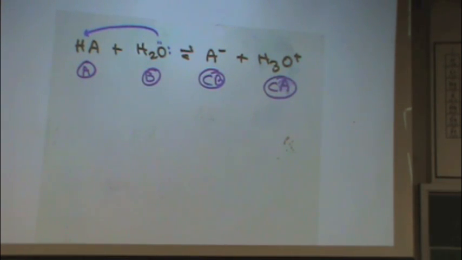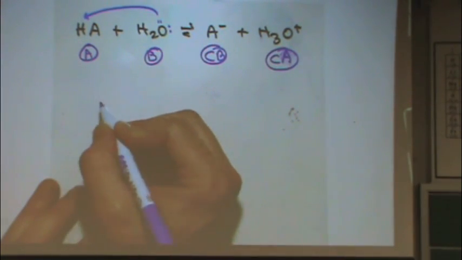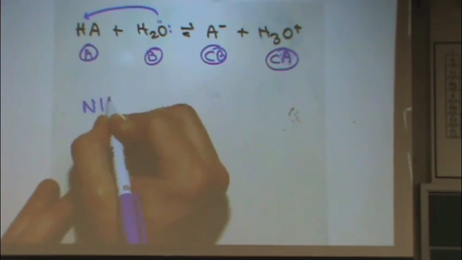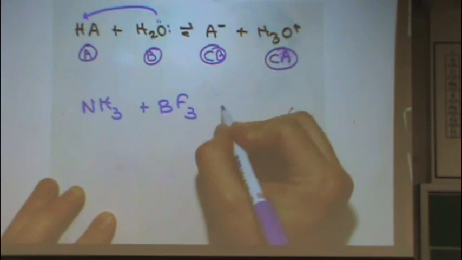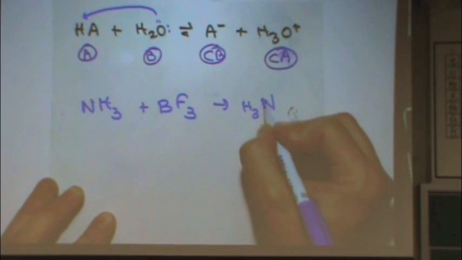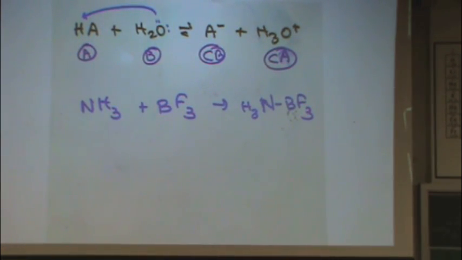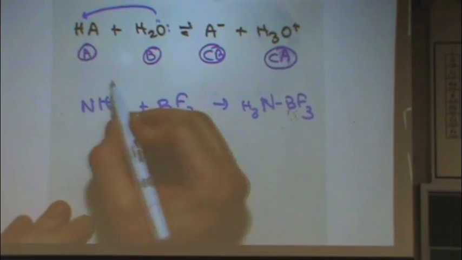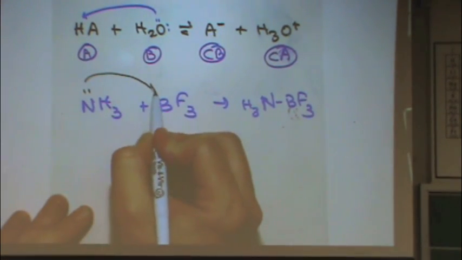So that's why it's a base, in other words. So Lewis is a little harder to use, but you can still use the same definition on it. Lewis becomes more helpful when you have an example like this. It becomes more helpful here because ammonia is the one with the lone pair, and so it's an electron pair donor.